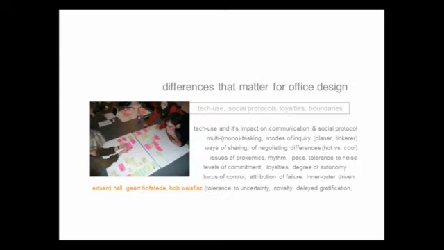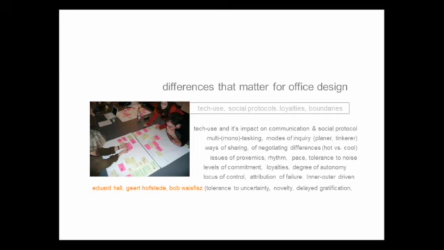So the question is, which of these differences matter for office design? And I would like to just say that the ones that matter have to do with tech use, but also how people think about the impact of tech use in social protocols. And questions of loyalties and boundaries become important.